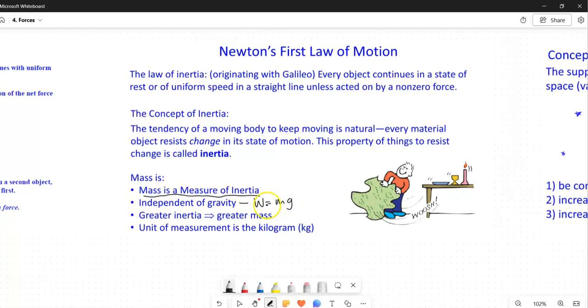So if you were floating in outer space, away from any planets, where no gravitational field was around you, you would have mass, but you would not have any weight. Now, again, mass, which is measured in kilograms, is what inertia essentially comes from. The larger your mass, the larger your inertia.